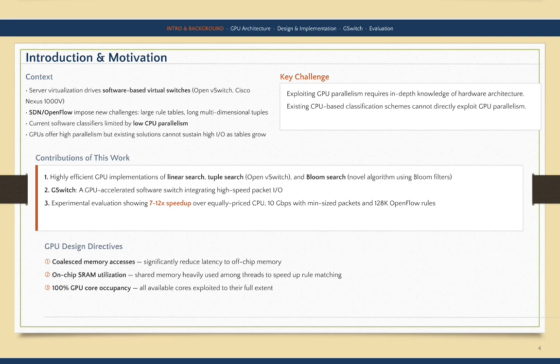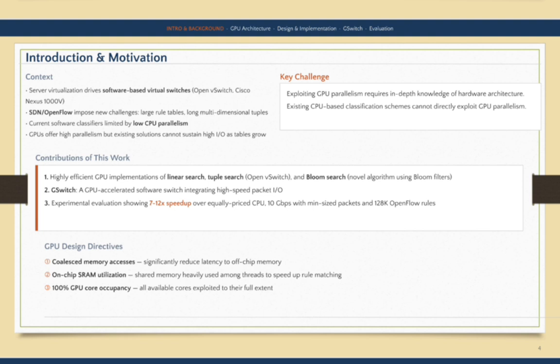The results show that the GPU solution is significantly faster than CPU-based classification and can achieve up to 10 Gbps throughput. The design focuses on efficient memory access, shared memory usage, and full GPU utilization.